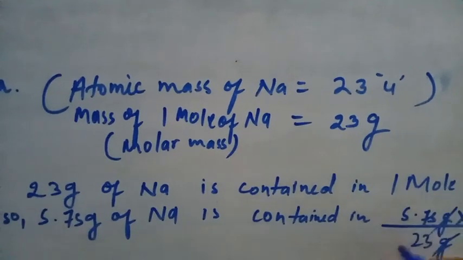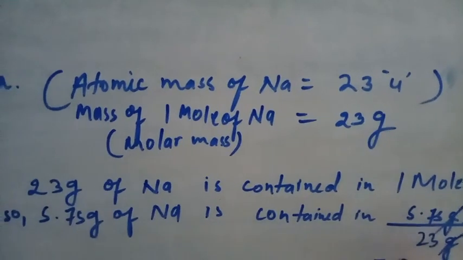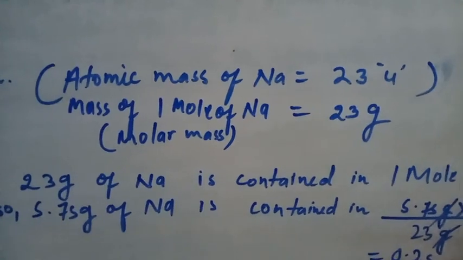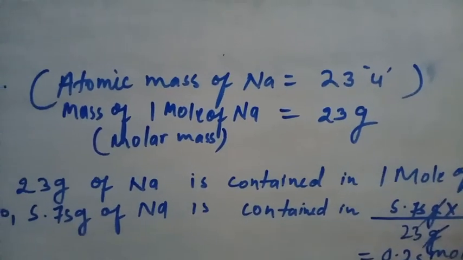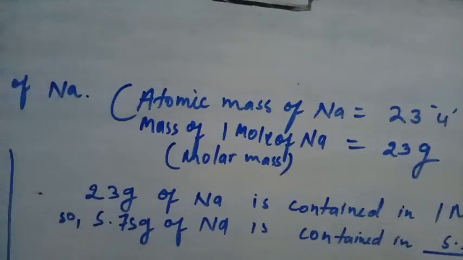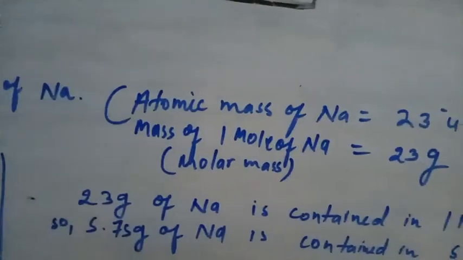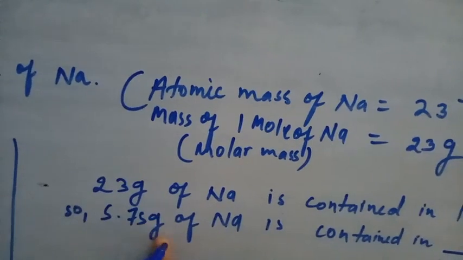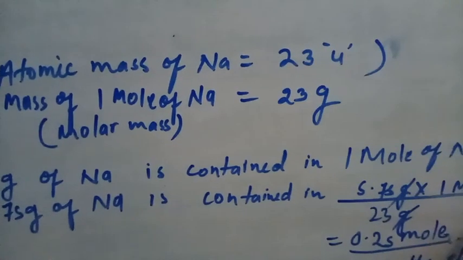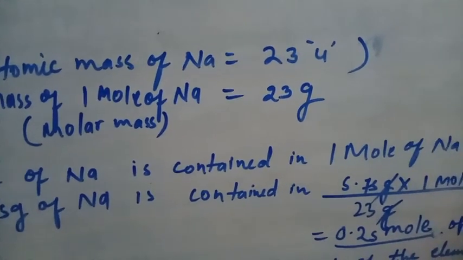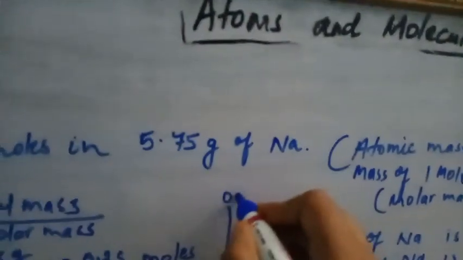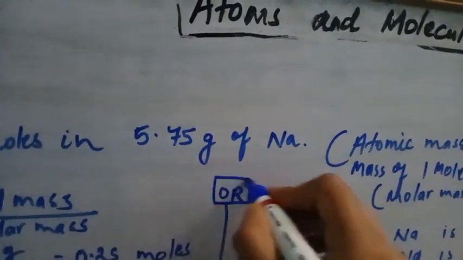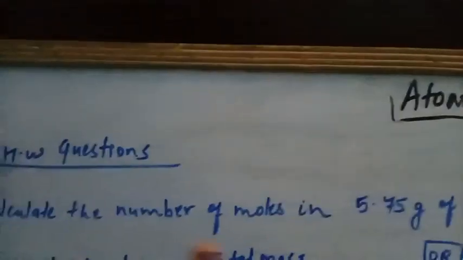When you solve, we will get 0.25 moles. So 0.25 moles of sodium atom contains 5.75 gram of sodium. You can use either method to solve this problem.